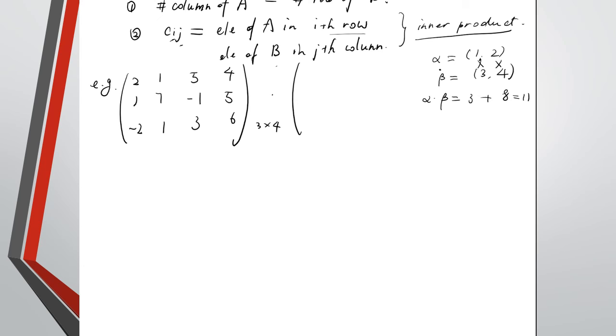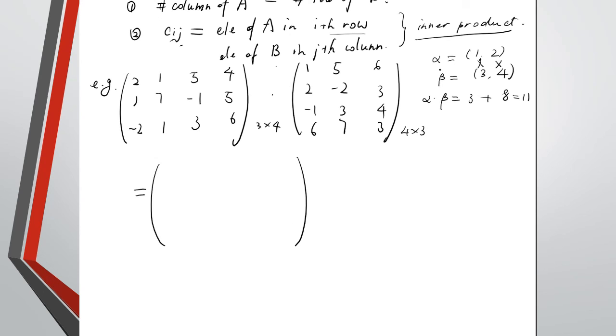Yeah, it doesn't matter. But we have to make sure that the A matrix's column number and the B matrix's row number are equal. So this time I will do this one as this. Okay, so this time it's a 4 by 3 matrix. Before you do your calculation, let's imagine what this product matrix will look like.